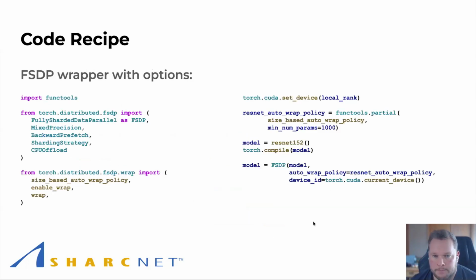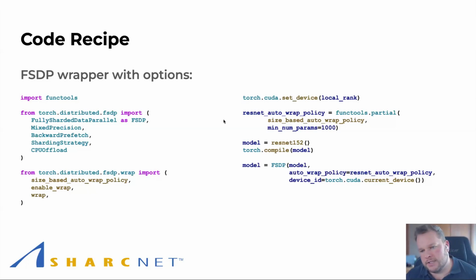Okay, so finally we get to the FSDP wrapper. There's a bunch of options you can import from FSDP, and we'll go over some of these later. But one key thing that you need is some sort of auto wrap policy. And this just dictates how your model will be broken up into those FSDP units.